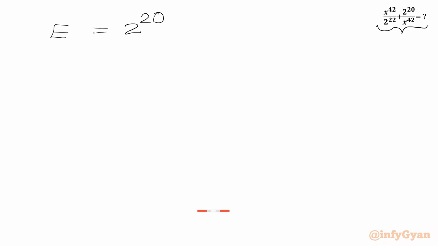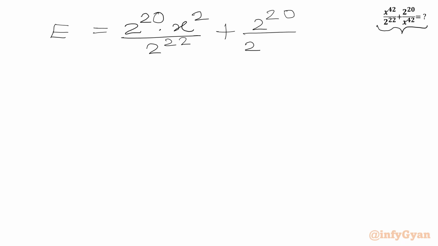So I will write here E equals x power 42, which we write as 2 power 20 times x square, and in the denominator we have 2 power 22 plus 2 power 20 over x power 42, which we will replace by 2 power 20 x square.